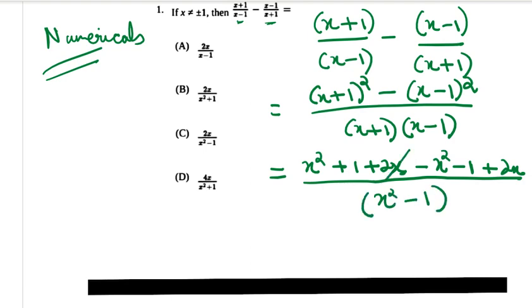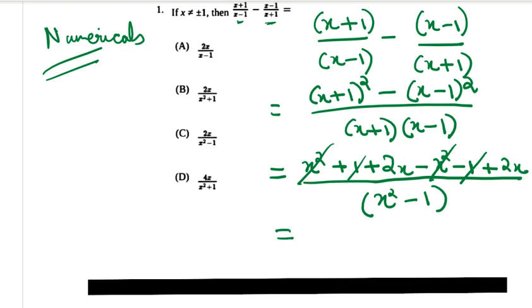Alright, here this is gone, and the 1, no, sorry, the 2x's are not gone. Why did I cut off the 2x's? I was supposed to cut off x squares. Okay, so the 2x's remain. This is gone, and this is gone.